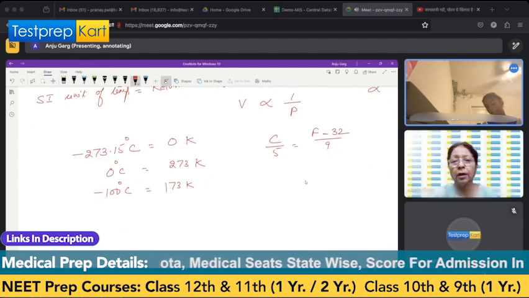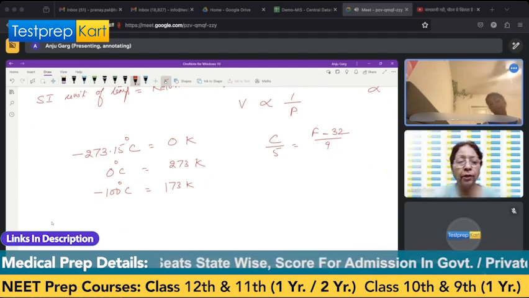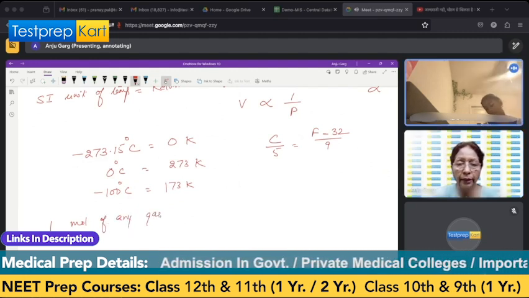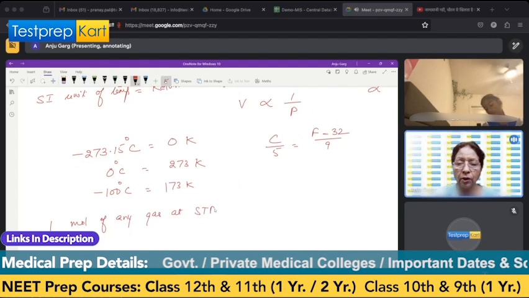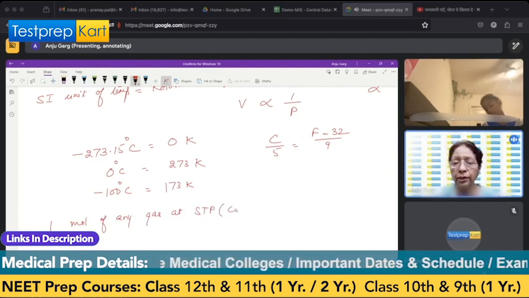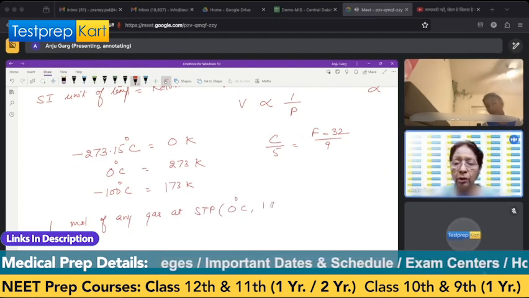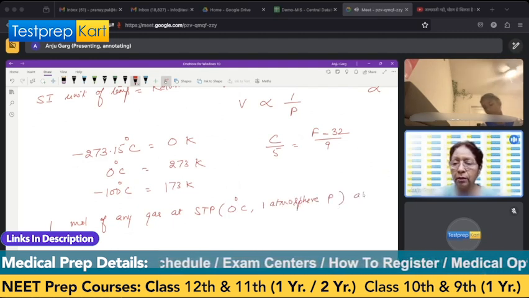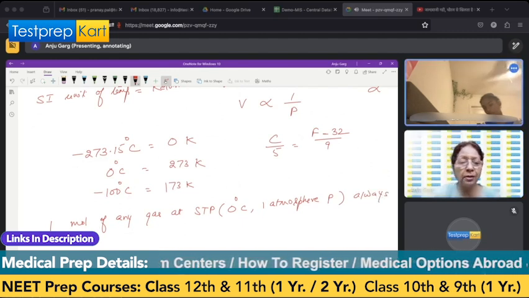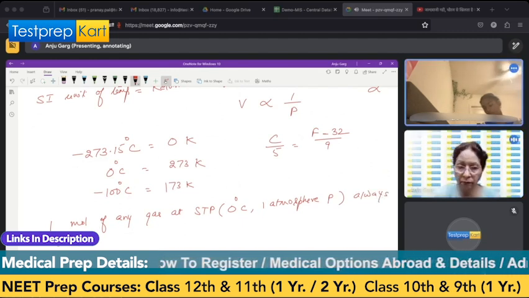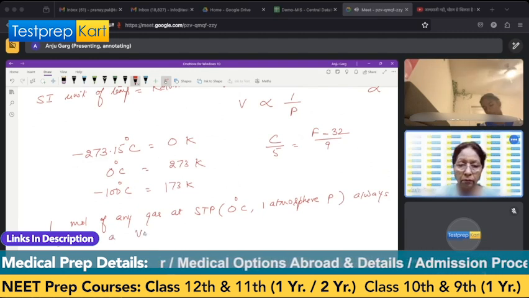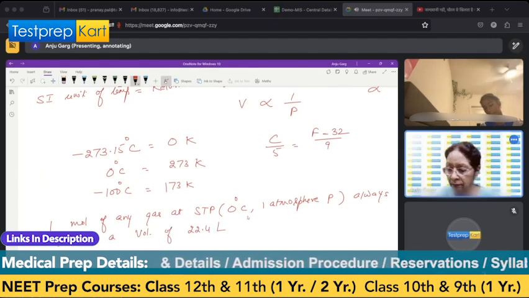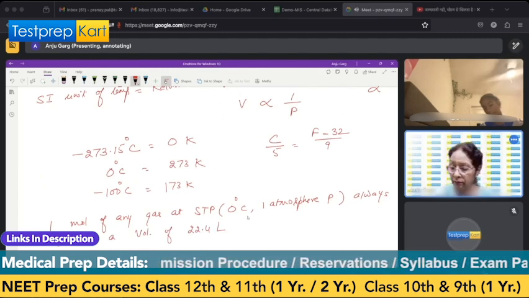For gases, 1 mole of any gas at STP always occupies a volume of 22.4 liters. STP stands for standard temperature and pressure, which is 0 degrees C and 1 atmosphere pressure.